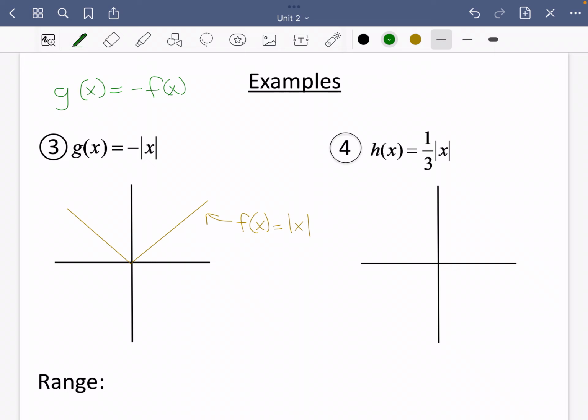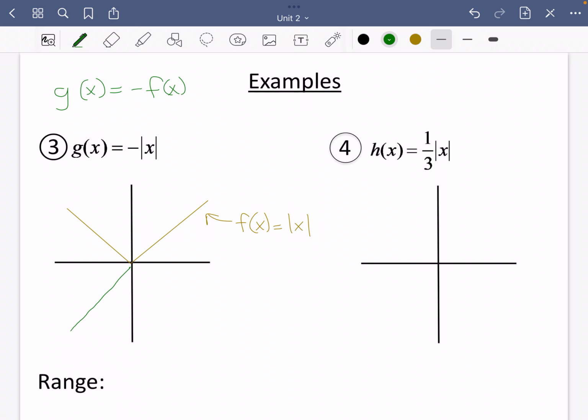And since it's the negative of f of x, that tells us what? That negative's out in front of the function. So it's some kind of reflection. Is it reflecting across the x-axis or the y-axis? Because it's out in front of the function, it's reflecting across the y-axis.